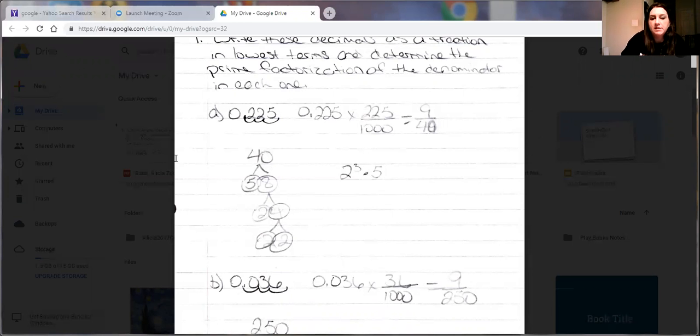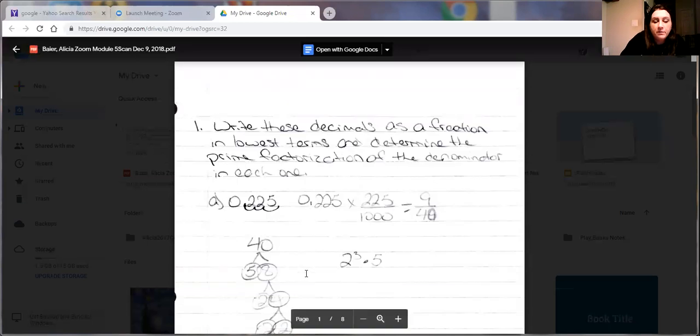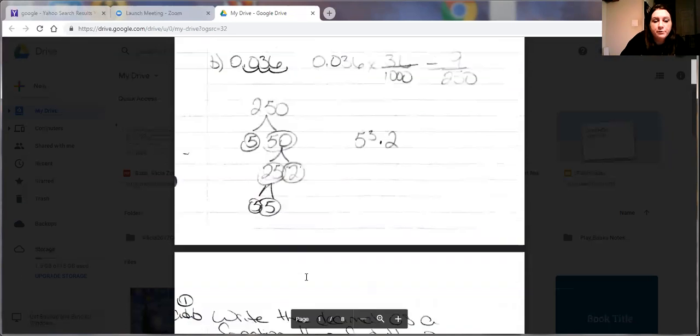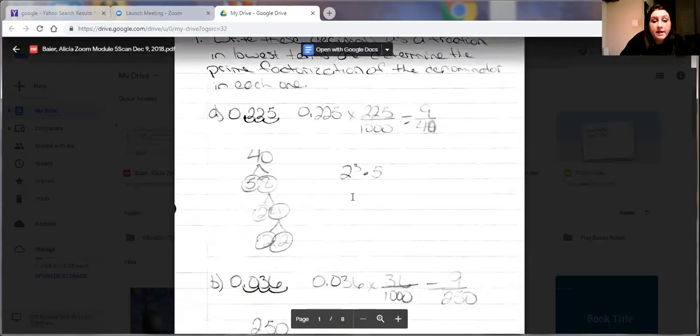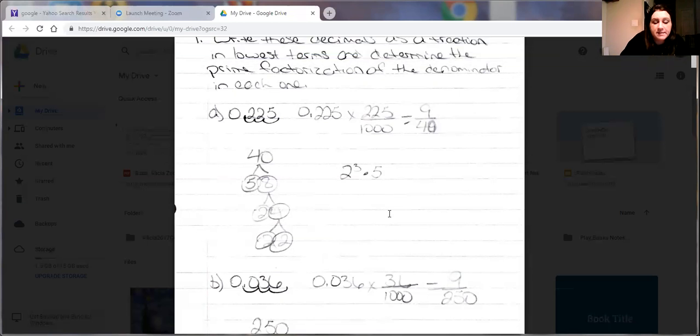So in this case, it's 0.225 times 225 over 1,000, which in lowest terms it is 40 over 9. And to break that down, the prime factorization of 40, it's 2 to the third power times 10.